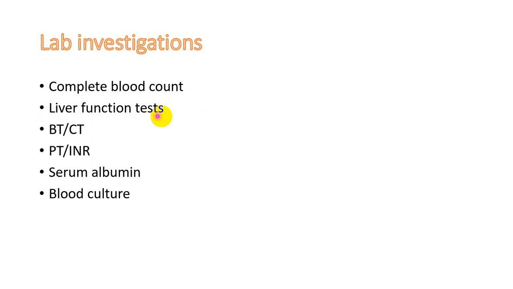Next, we will go to liver function tests. The patient needs bleeding time, clotting study, PT and INR, all to assess the synthetic function of coagulation factors. When serum albumin is low, it could indicate a chronic process, because only in chronic liver disease will there be impaired protein synthesis by the liver. And finally, a blood culture to indicate underlying infection is also needed.